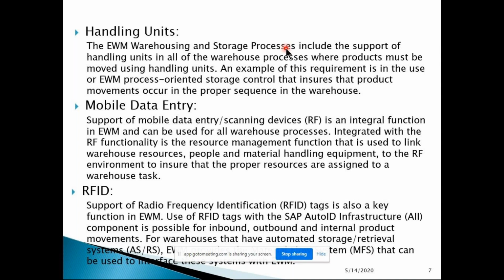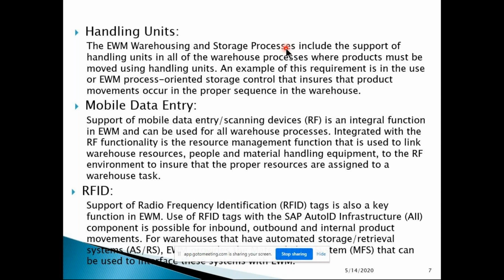Then next is mobile data entry. Mobile data entry is when you are using your RF devices, right? All of the operations in the warehouses are executed using RF devices. People will scan the HU, scan the bin, and then scan the door. They will move, scan the product, scan the HU, scan the bin, and then scan where they are going and confirm it there.